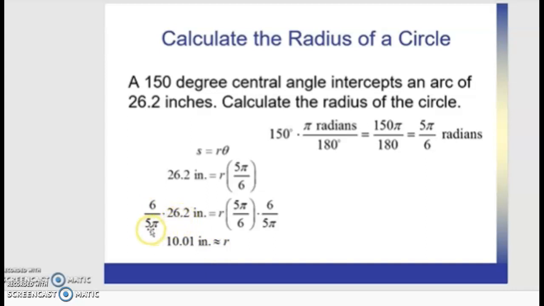That answer is divided by 5 pi, since 5 pi times the understood 1 just leaves us with a denominator of 5 pi. Once again, I plugged in 3.14 for pi, giving a final answer. That is approximate since the rounded decimal amount was plugged in. Final answer of 10 and 1/100 inches for the radius.